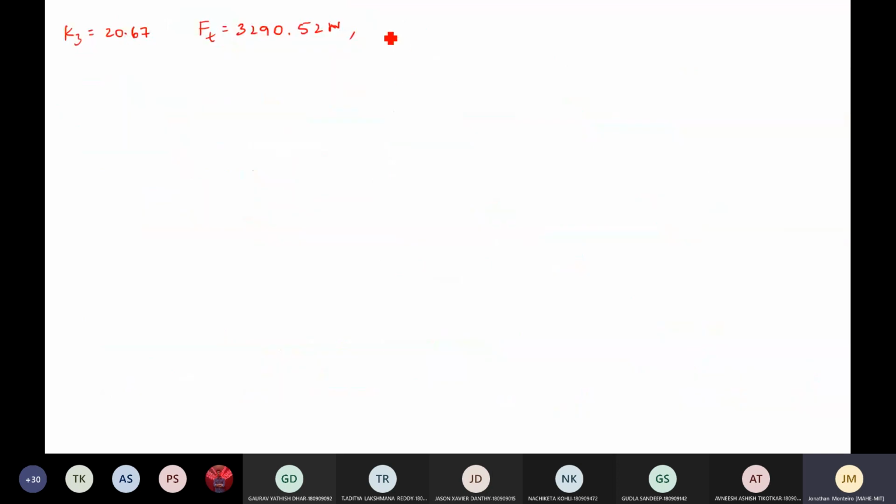So there is no need to recalculate. Velocity is 20.06 meters per second. So that was about FT, then K3 and V. And since we have taken 15 mm as the face width, B should be 45 mm, already calculated. Cos beta is a known thing because beta is 20 degrees.